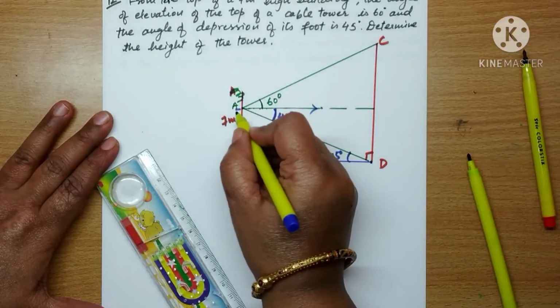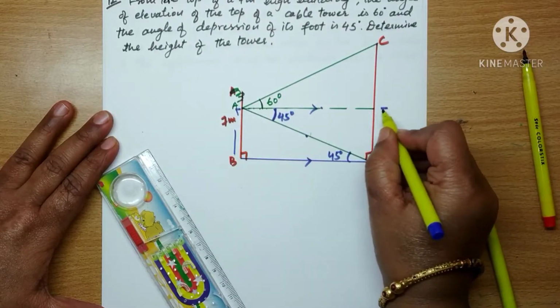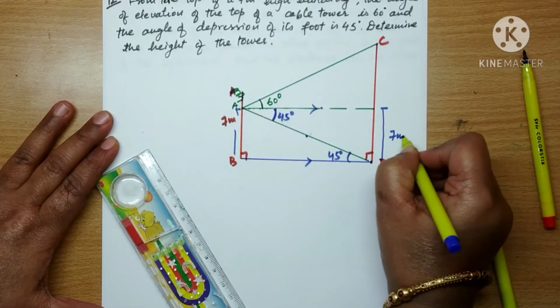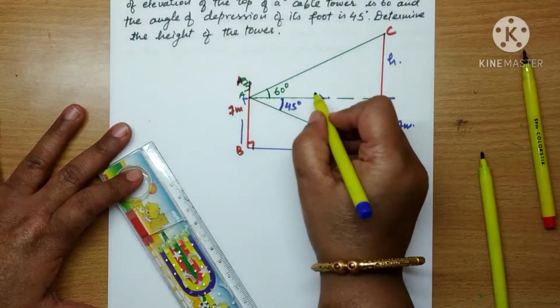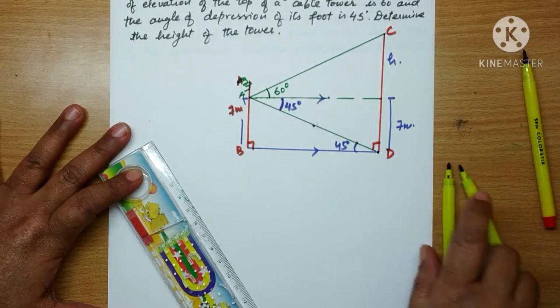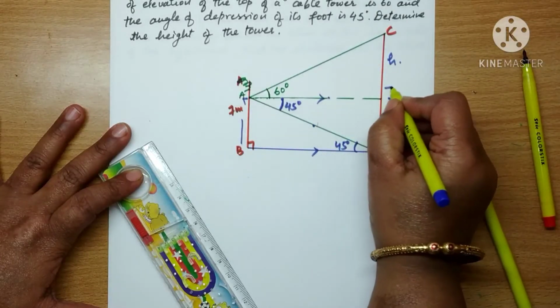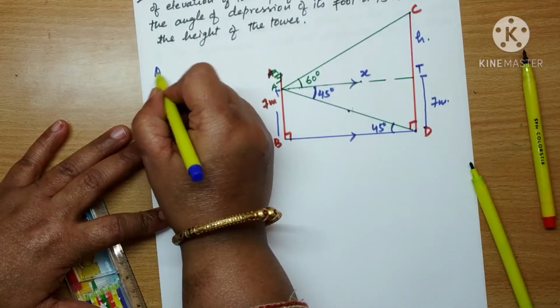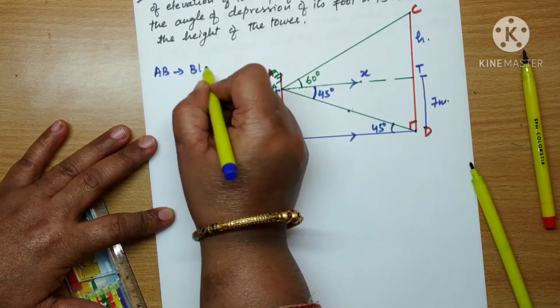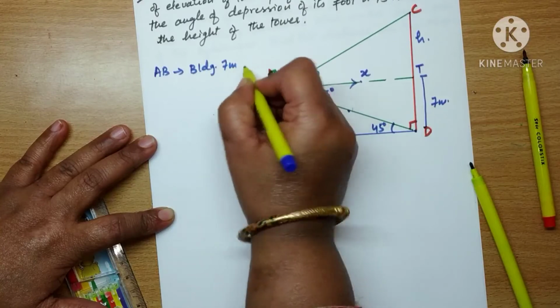This is a 7 meter high building. So again this much is also 7. Let's say this is H. Right? And let's call this X. A, T. This is X. So we have AB building, 7 meter high.